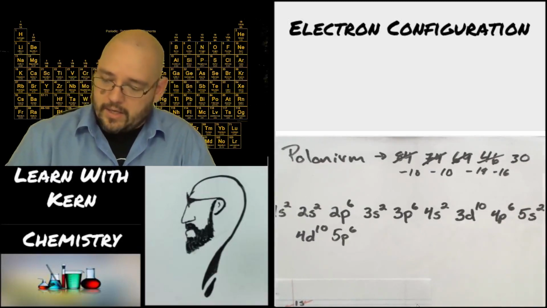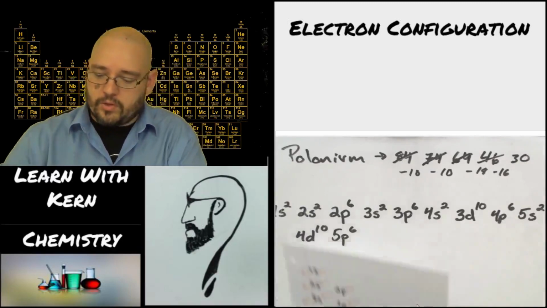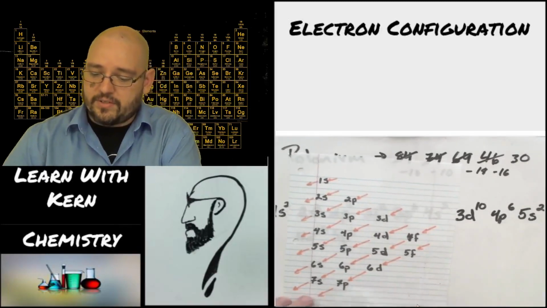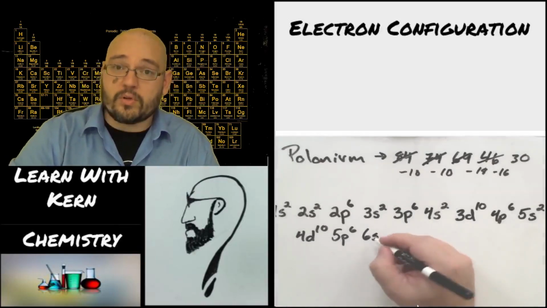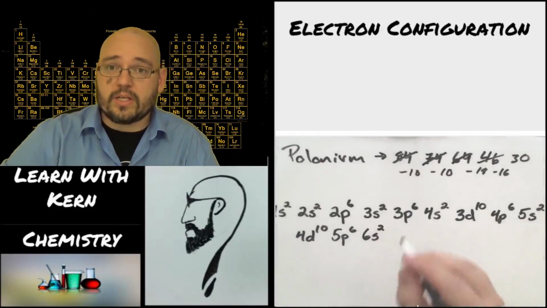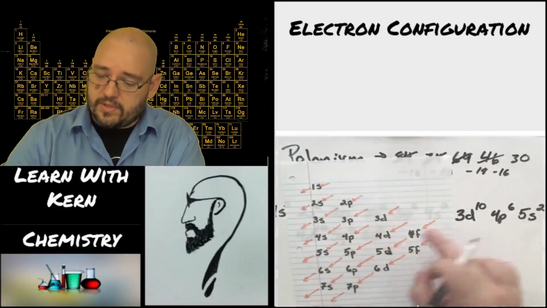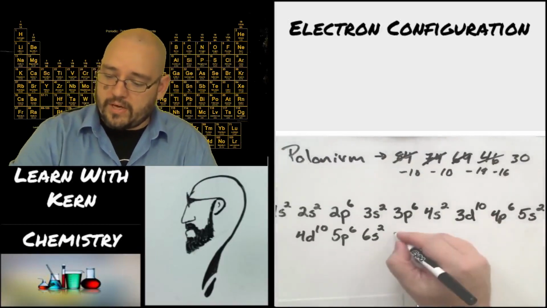Okay. And I just did 5p. So looking back at our sequence, after 5p, the next thing is 6s. So I do 6s, and an s orbital again holds 2 electrons. All right, and after 6s comes 4f.